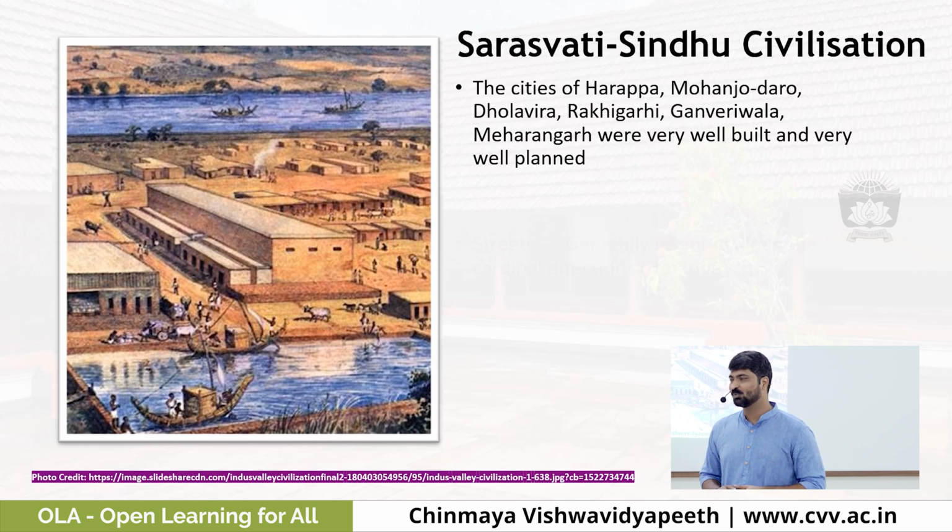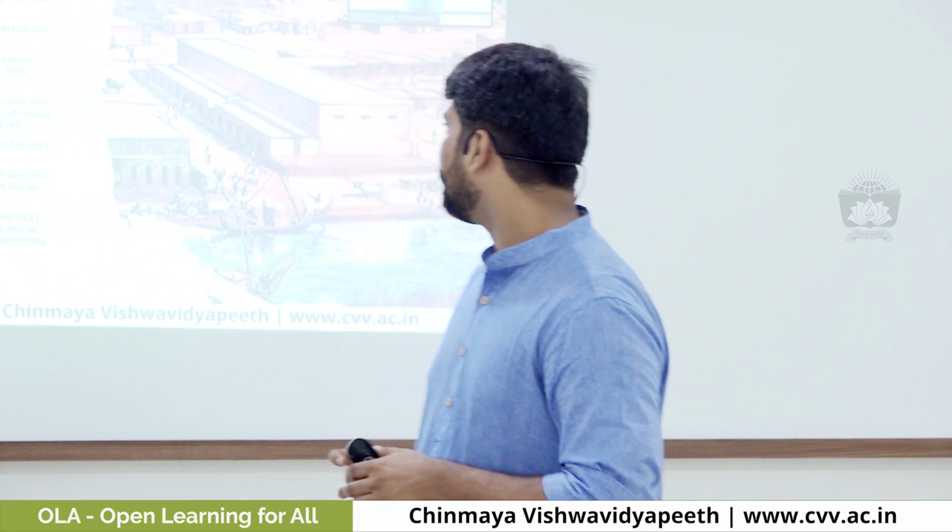I mean, 6th or 7th in school. And we know that these were some of the most advanced cities of those times. In fact, it is an understatement to say that it is an advanced city of those times. Even some of our cities in present-day India, in 21st century India, 2020 India, some of them are not as planned as them. Even some of our metros are not as planned as them.